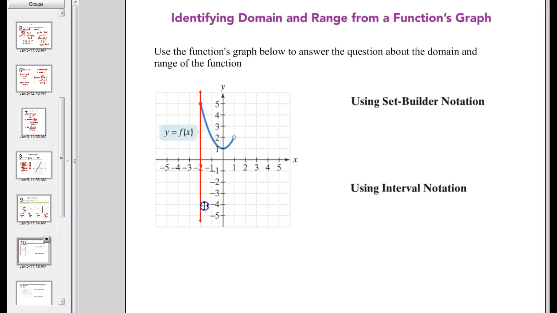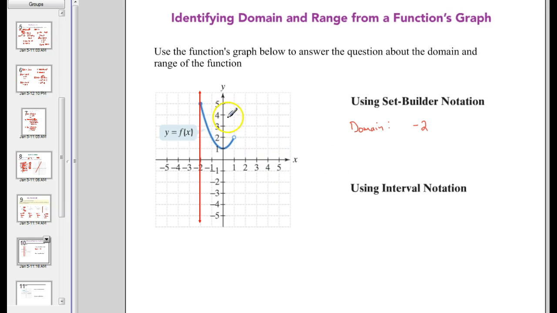Right there. The very first time we hit the function, that number that corresponds to where we first hit the function is where the domain starts. So I'm going to write domain. So -2 is where we start.